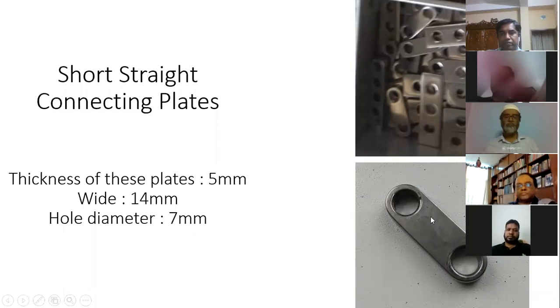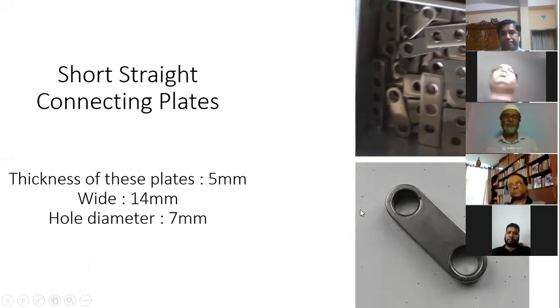The 2-hole plate is oblong in shape and nicely constructed. The thickness of this plate is usually 5 millimeters, the width 14 millimeters, and the hole diameter 7 millimeters. This oblong plate is of lesser thickness than standard connecting plates.